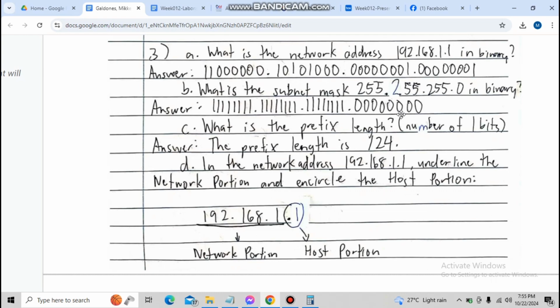So whatever value we have in our network address, as long as it is not zero, the subnet mask will mark it as all one in our binary code. So 8 ones for each of the first 3 parts. Always remember, the first 3 parts of the IP address are the network portion, while the last part is the host.